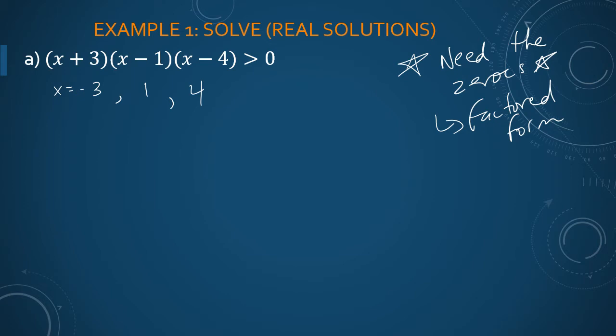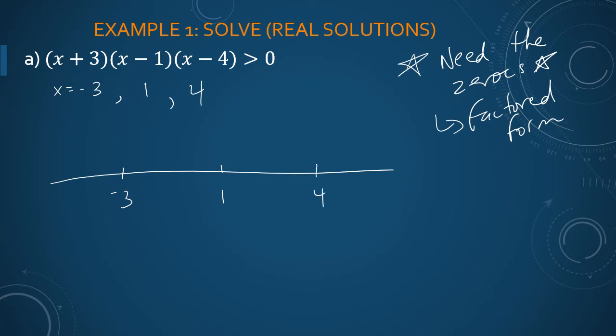Now to figure out your intervals, you're basically going to make a modified number line, a modified x-axis, if you will. So we're going to draw this line, and I'm going to put some numbers on here. What you want to put on there are your zeros: -3, 1, and 4.